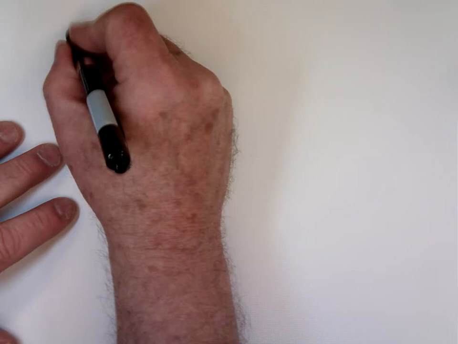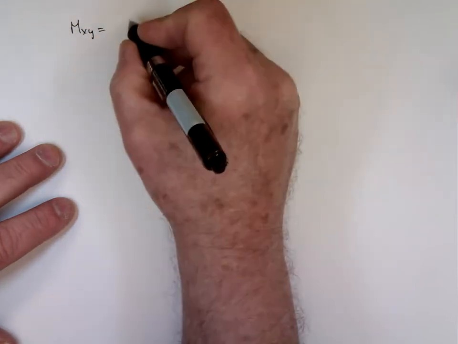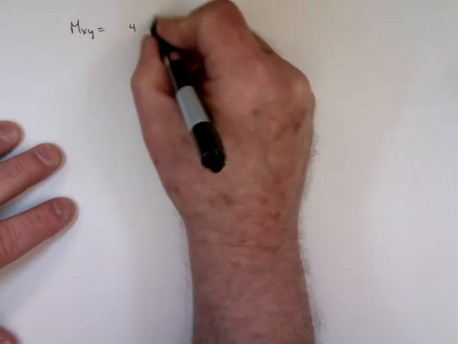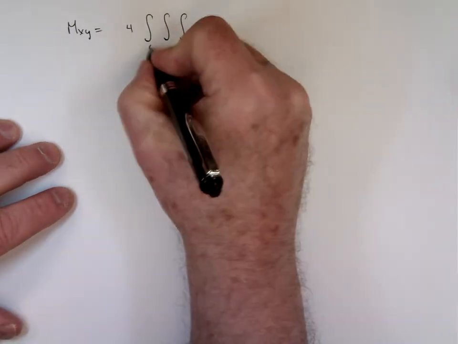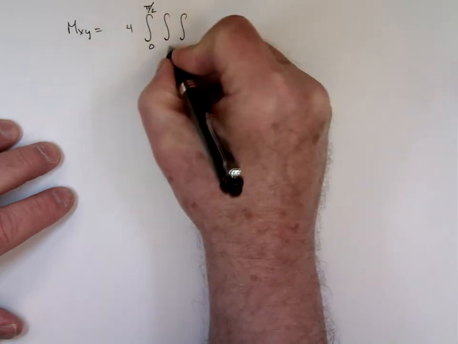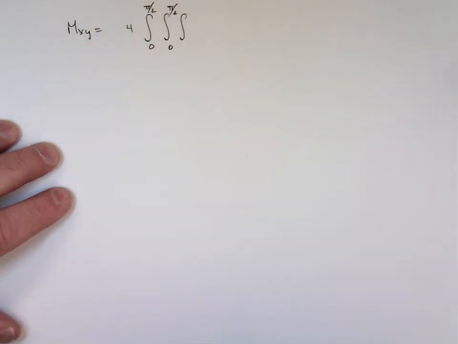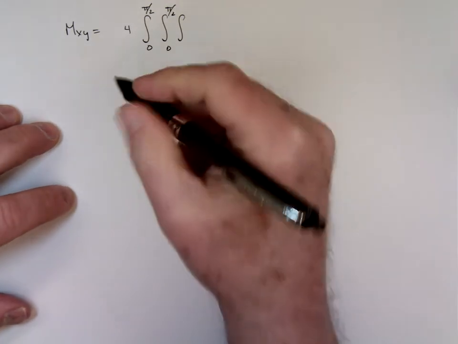That's our mass. Next thing we have to do is find the moment generated by this object about the xy plane. That means we have a mass times a distance, and the distance from the xy plane is equal to z. So we need another z in there. So the moment about the xy plane is equal to 4 times the triple integral, with the same limits of integration.